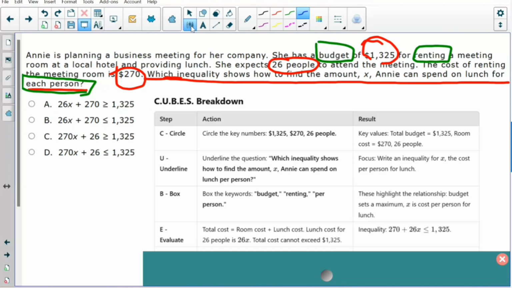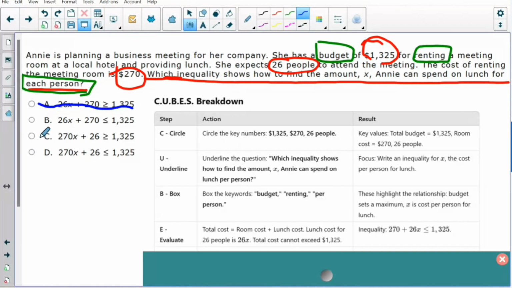We also know since the budget is $1,325, it can't be more than $1,325. So looking at the four options that they gave us, I can say that the one which says greater than or equal to could not be the answer, because we know it cannot be greater than.